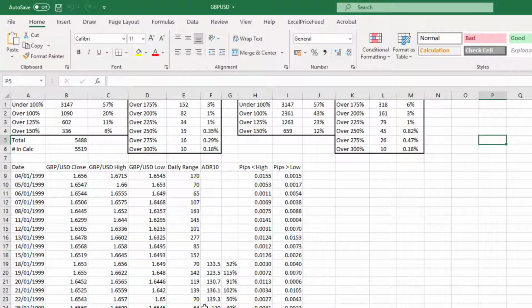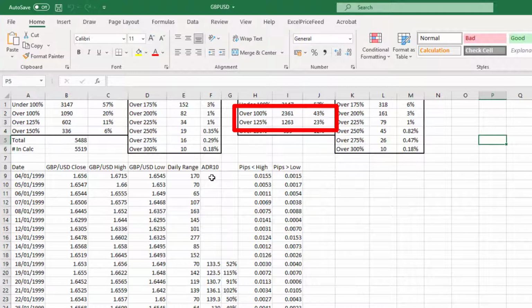And from all of this data, what I did was I tested lots of different ADR figures, and what I was trying to find was an ADR number that gave the best bounce rate from around about 100% of its average daily range, and it didn't exceed too much of its average daily range on a regular basis.